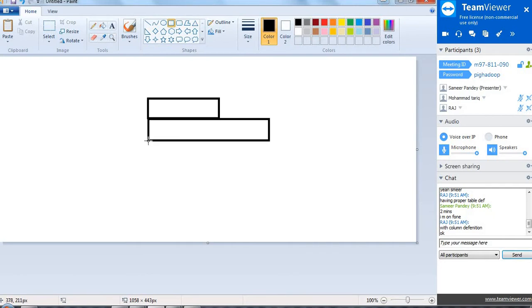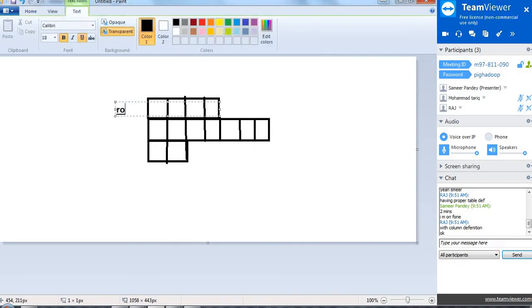You know what a sparse matrix is? See, this is your row 1, this is your row 2, this is your row 3.